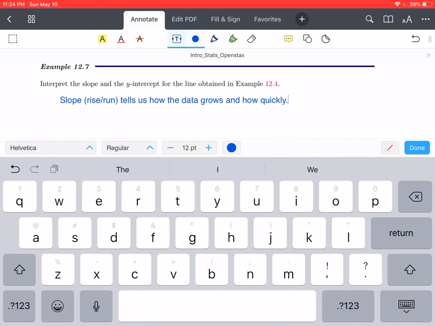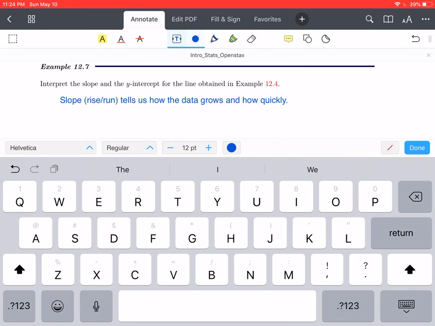Okay, so not only is the data growing up or down, but also how quickly is it doing that? Is there a very sharp, steep increase or decrease, or is it very gradual? In this case, we got a slope that was a little bit more shallow. So we have a positive relationship, but a very slight relationship, not very steep or drastic.